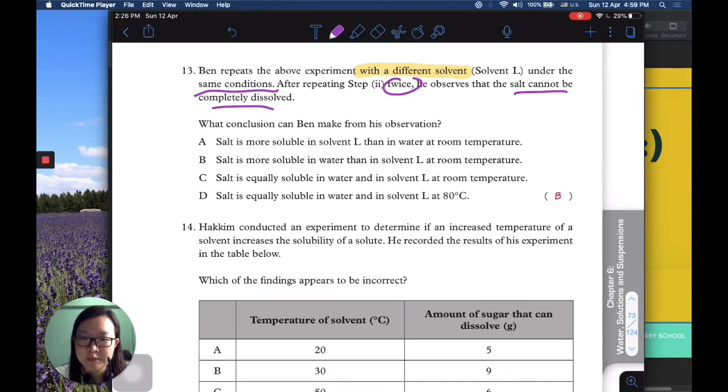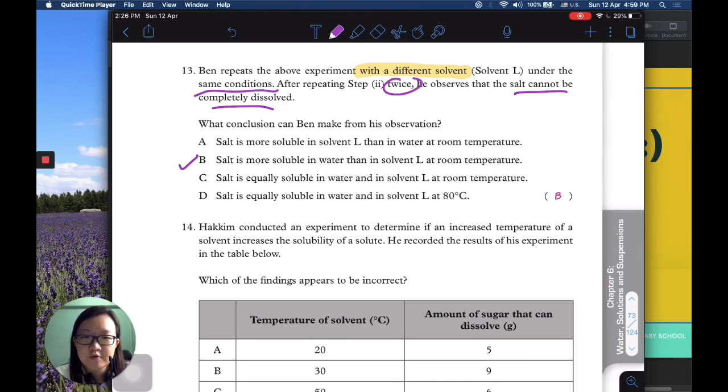Answer is B. Okay, so you notice that the question stated very clearly that this experiment is done under the same conditions. So the only thing that's different is that it's a different solvent. Looking at the last sentence, it says that the salt cannot be completely dissolved in solvent L under room temperature.